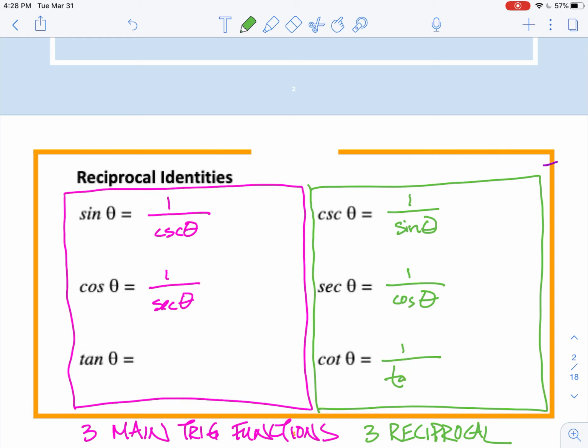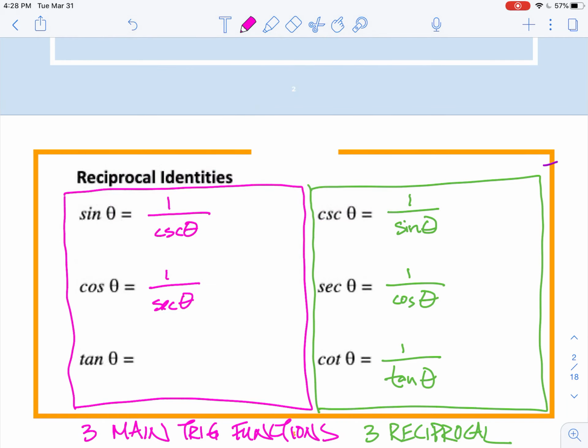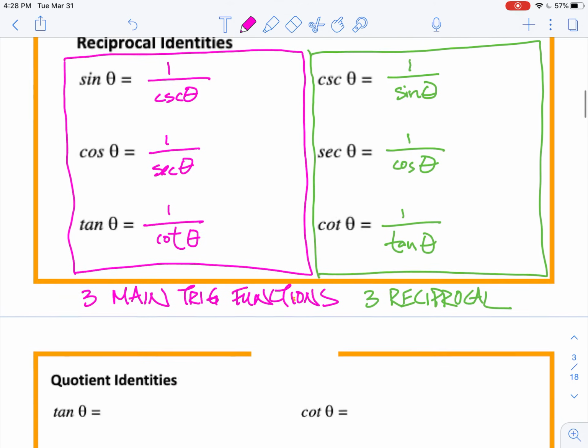And cotangent theta is 1 over tangent theta, and tangent theta is 1 over cotangent theta. Now those are probably identities that we know so well that we don't even think they're identities, but that's exactly what they are. They are things that are always true anytime we talk about these trig functions.